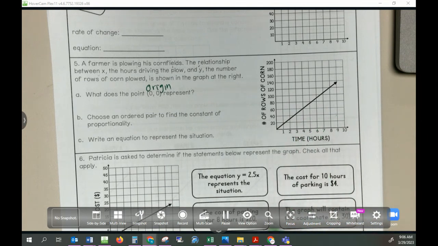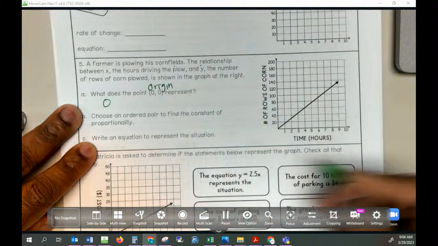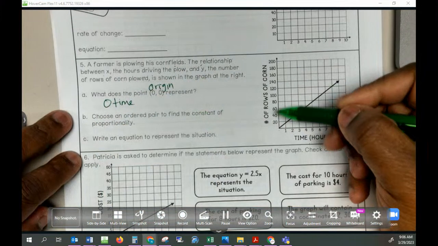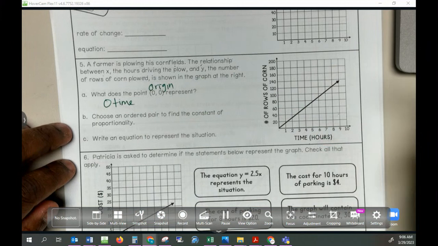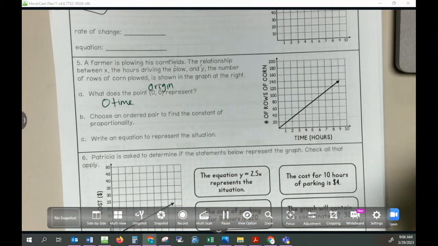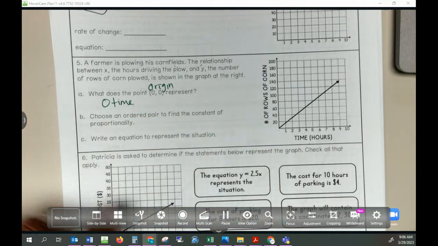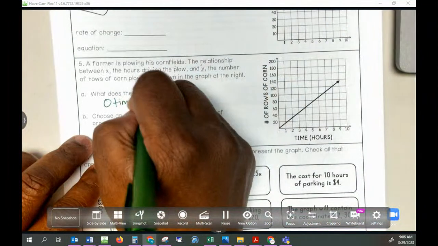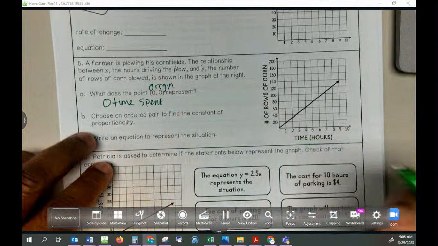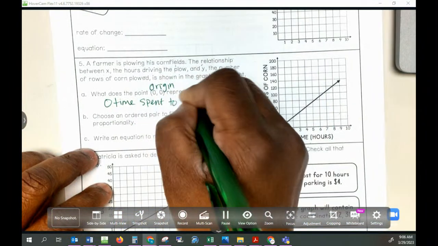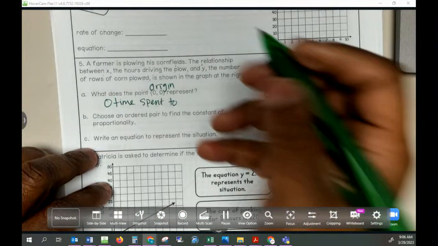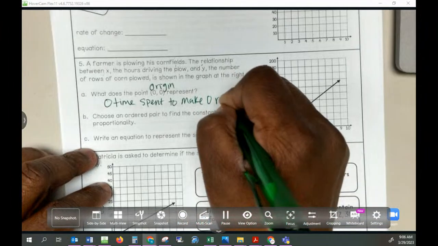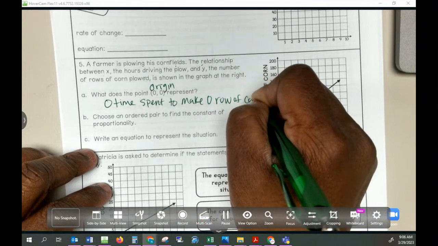Because if we can read a graph, then we know that 0 time was spent to plow 0 rows of corn.